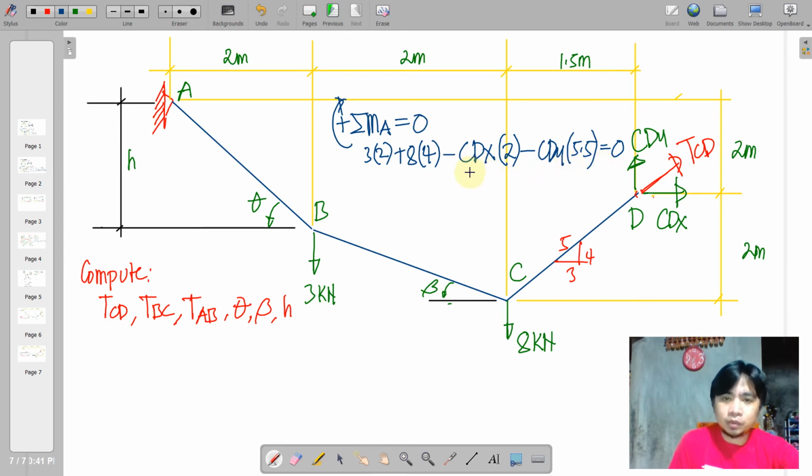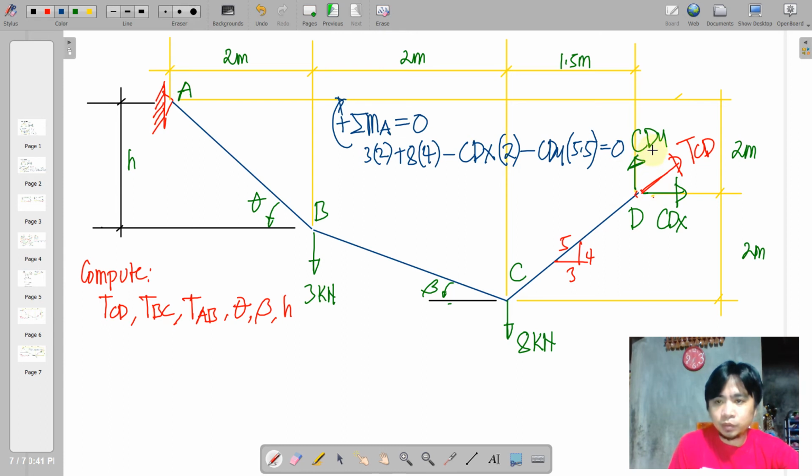So you might think that there are two variables here. However, these two components can be expressed into a single unknown CD if we express them in terms of their slope.